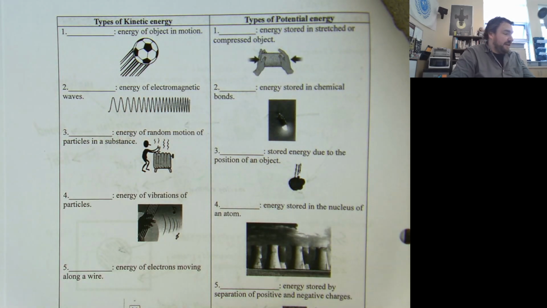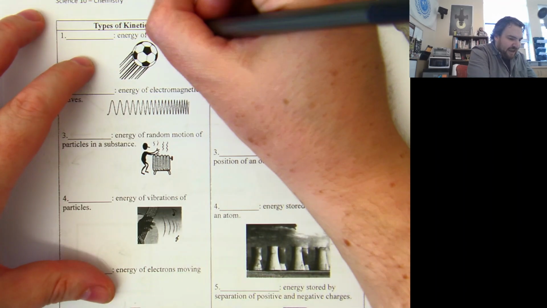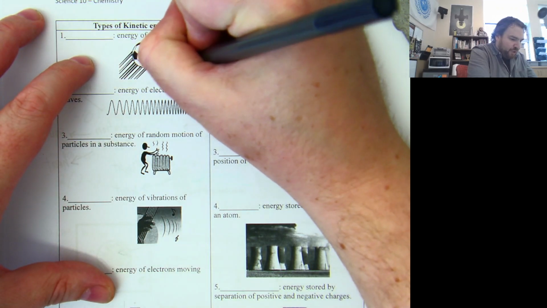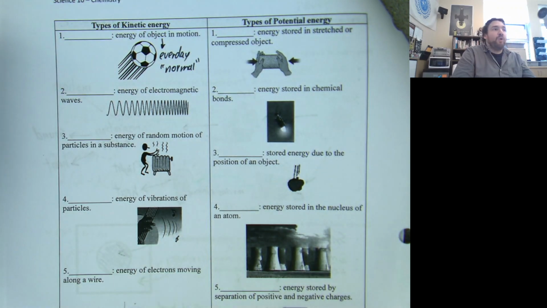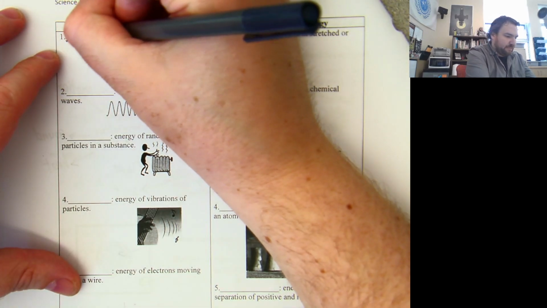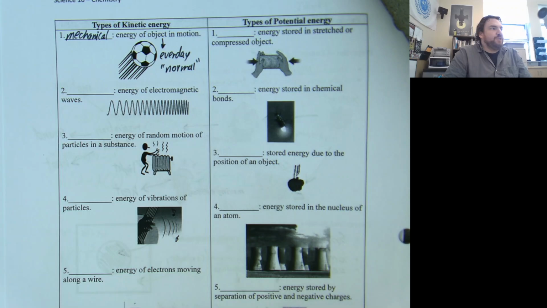When we're talking about kinetic energy, if you're talking about a generic, standard everyday, quote unquote normal object, what we're talking about is mechanical energy. It's using that word mechanical in kind of a different way. We're not talking about mechanics, Daniel and Massey.